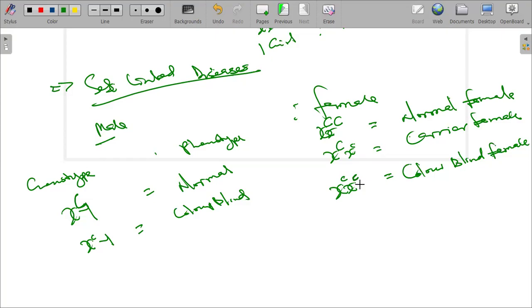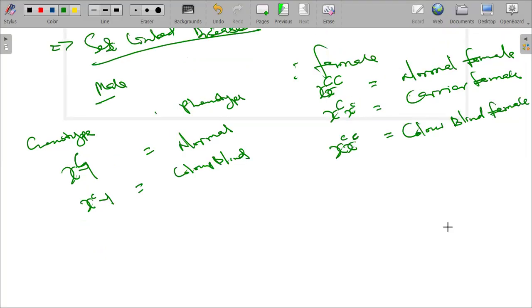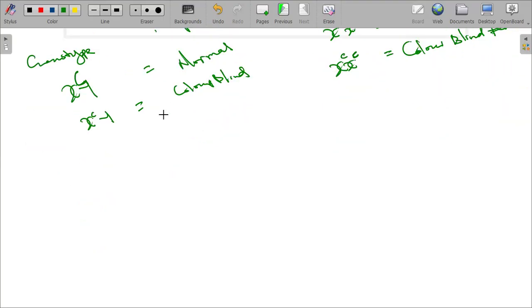And then one other question on this topic is that we have the pedigree diagram, or it can be called a cladogram or something.